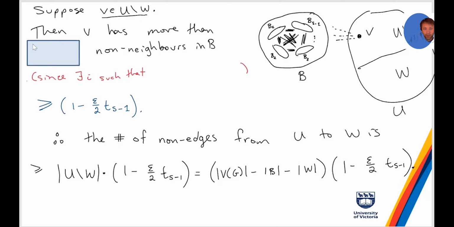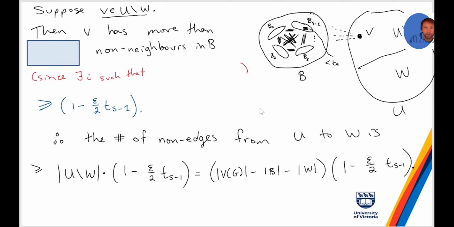If V is in U minus W, how many non-neighbors does it have in B? It's definitely got at least S minus 1 non-neighbors in B, but it actually has a lot more. Because if V is in U minus W, and this black circle is the neighbors of V in here, then it's less than Ts.